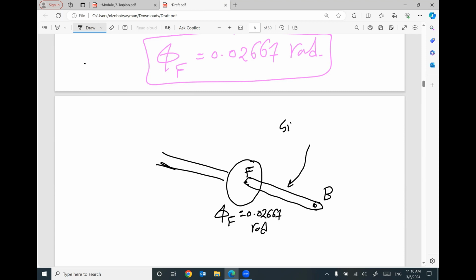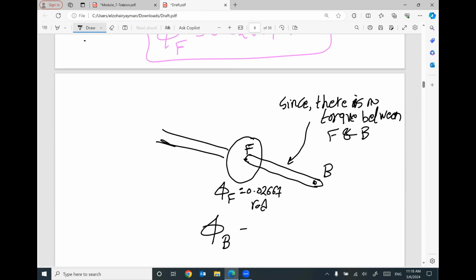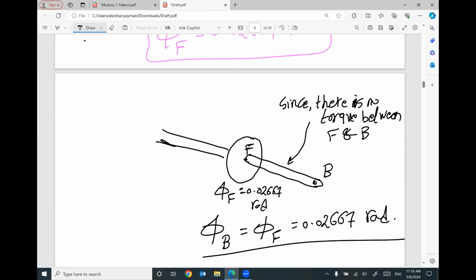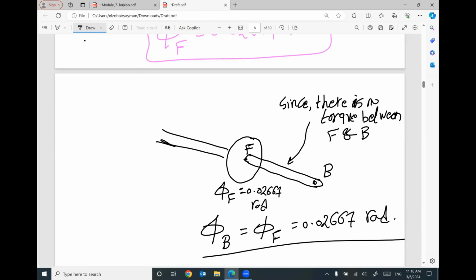Since there is no torque between F and B, I can say the angle of twist at B will equal the same angle of twist at F, equal to 0.02667 radian. So the final conclusion, the angle of twist at the end B, which is required, will equal 0.02667 radian. Does that make sense?